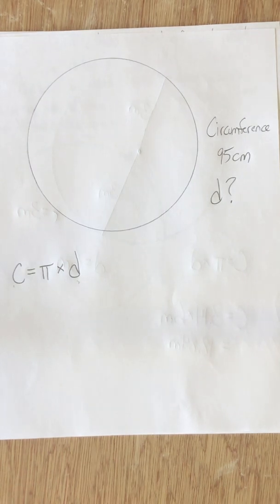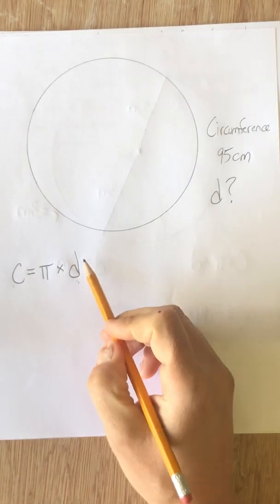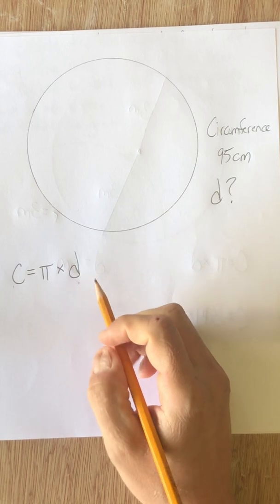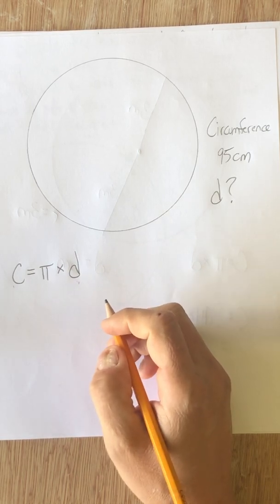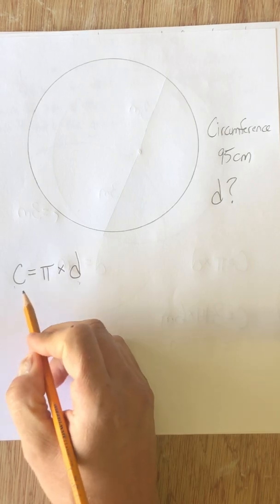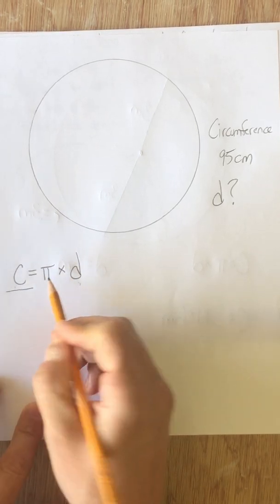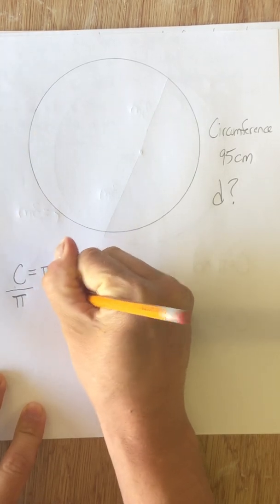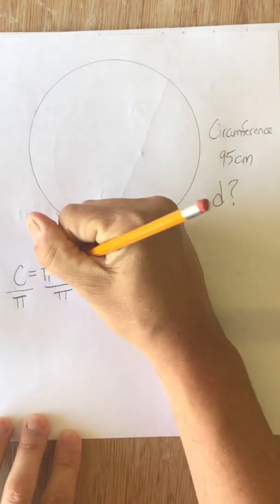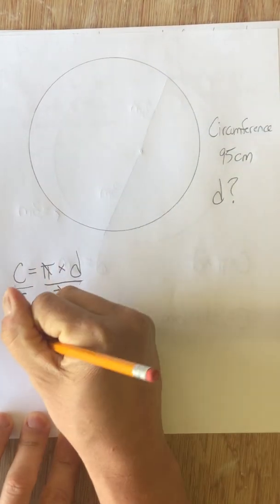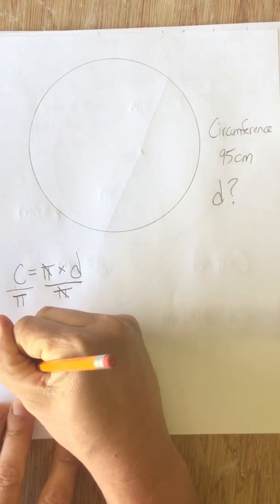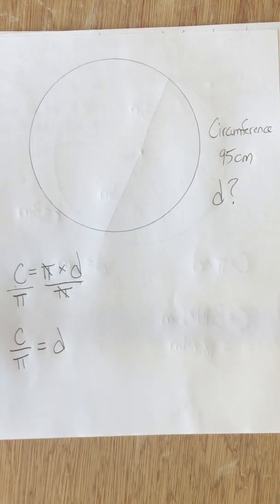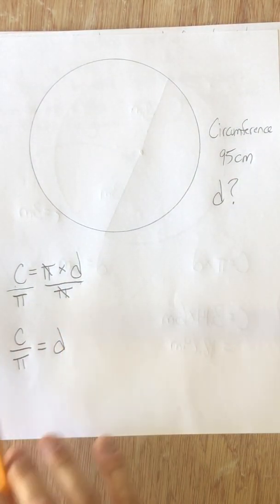Remember from earlier in the year, thinking back to algebra, we can isolate the diameter by dividing both sides of the equation by pi. The pi and pi cancel out, and we're left with circumference divided by pi equals the diameter.